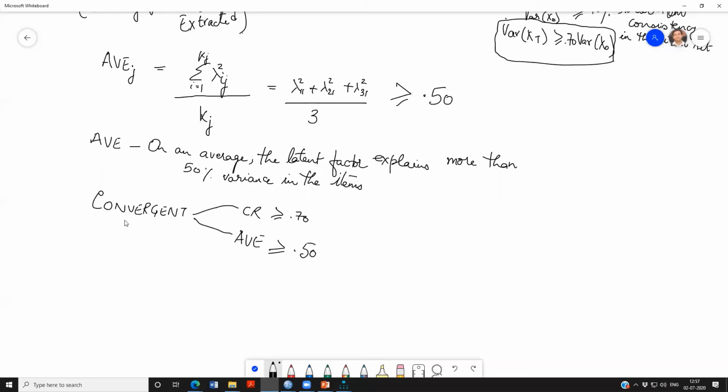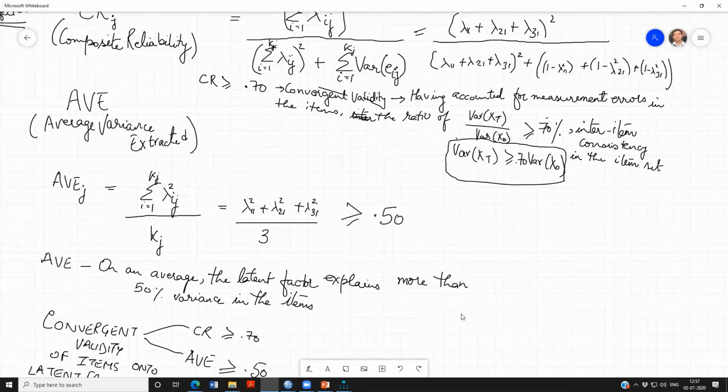So these are the two convergent validity measures of items onto latent factor G, whatever latent factor you are working with. This is what we will do for convergent validity.